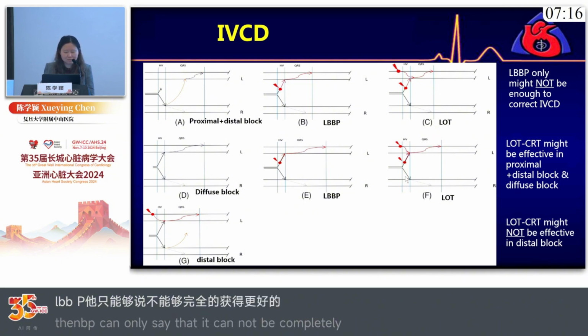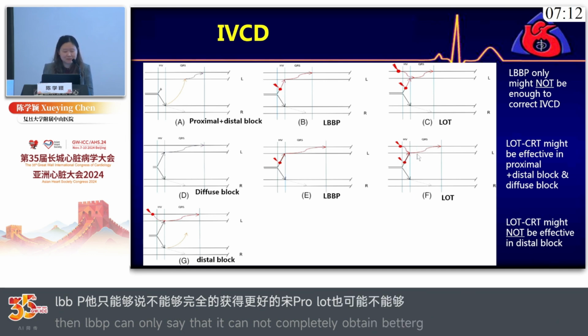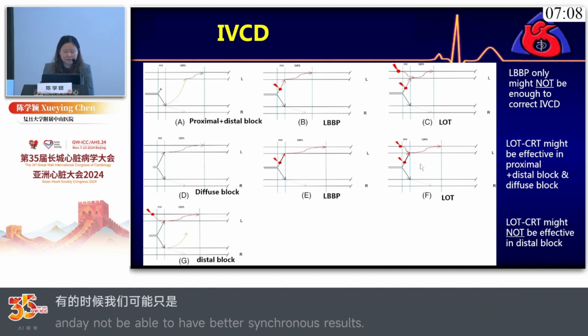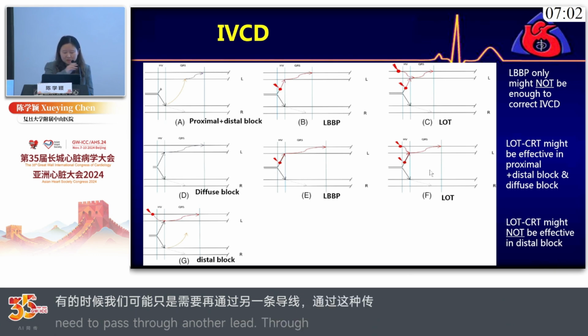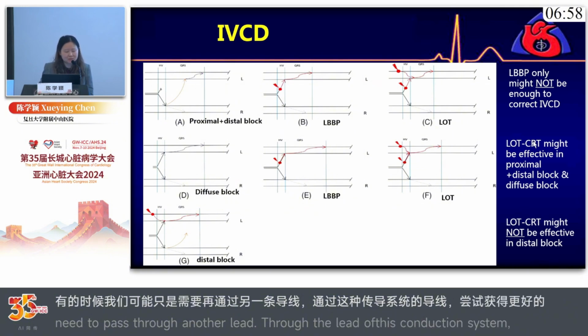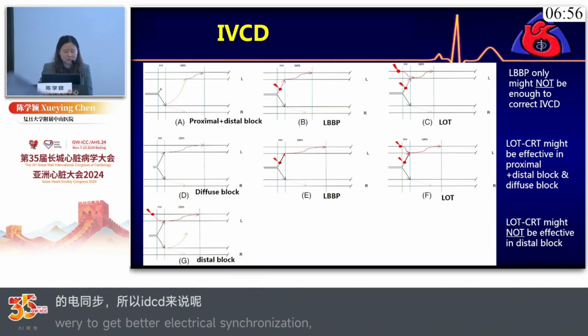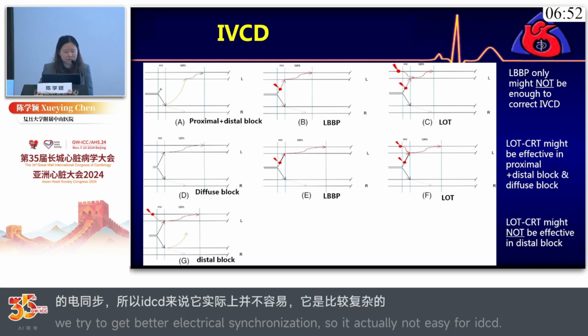Sometimes we may try adding another CS lead to find better electrical synchrony and clinical outcome. So for IVCD, it's complex, and it's not so easy to confirm when we should add an LV lead or not.